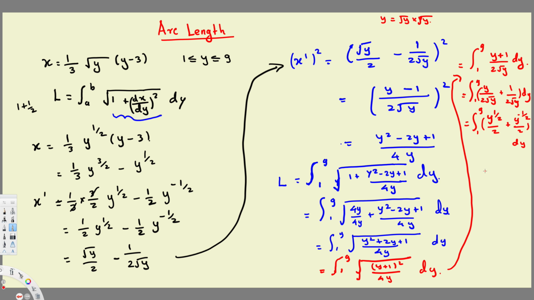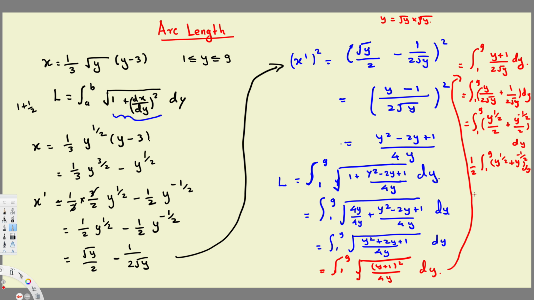So this is what we have. Now let's do the integration. Since 1 over 2 is a constant, I can take it to the front. 1 over 2 integral 1 to 9 y power half plus y power minus half dy.